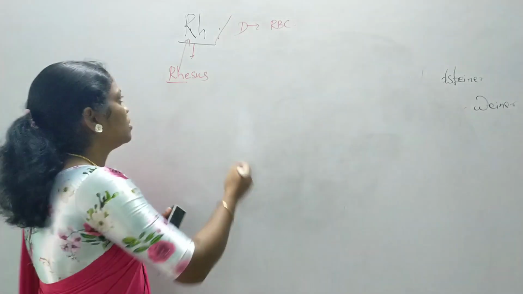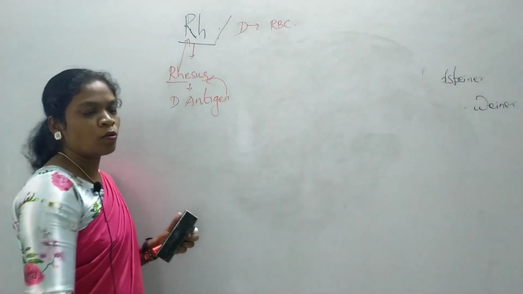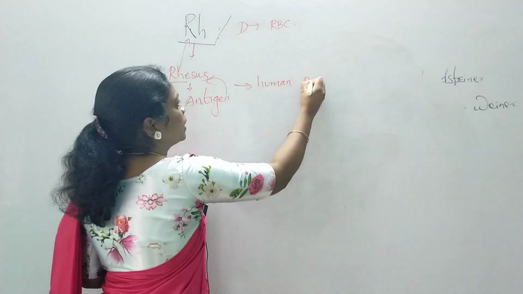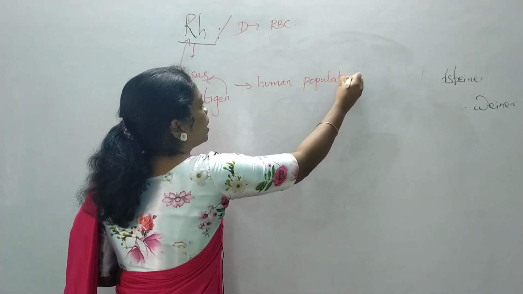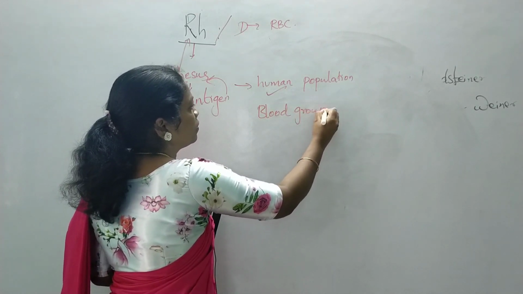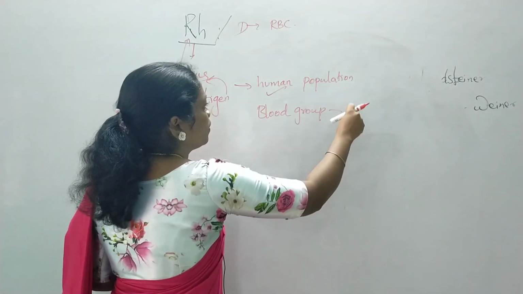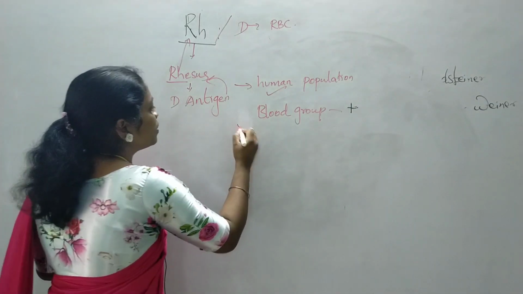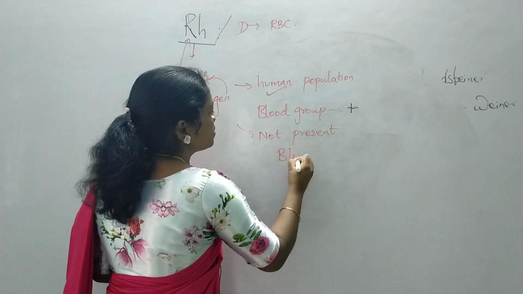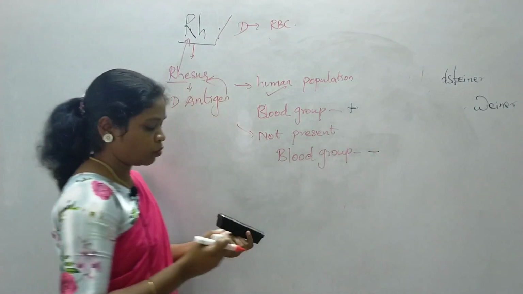This D antigen is also present in monkeys, and it is also present in some human population. If it is present, the blood group is said to be positive. If it is not present, the blood group is negative. Okay, are you able to understand?